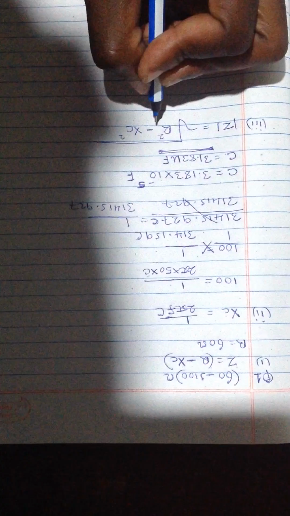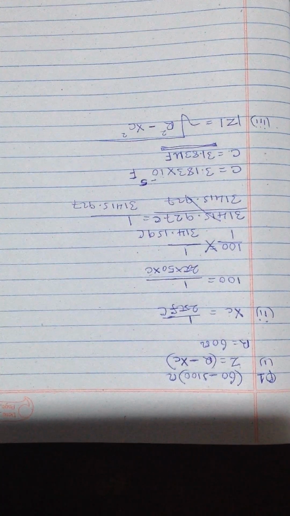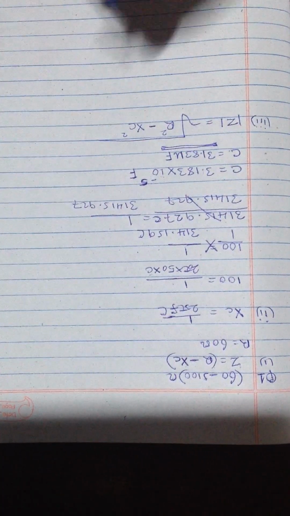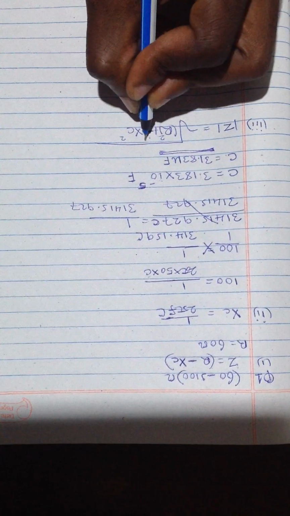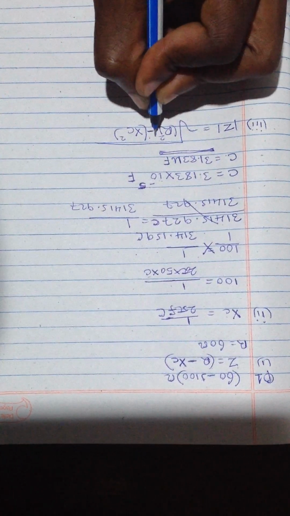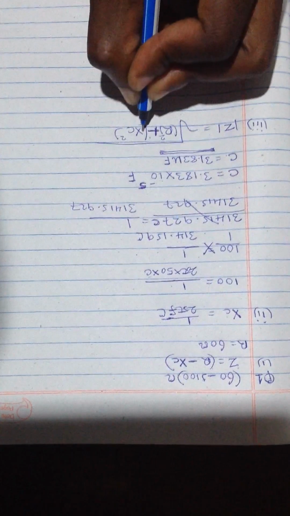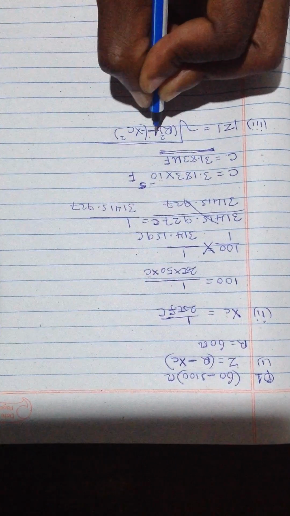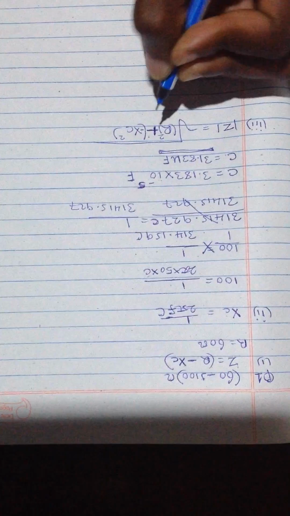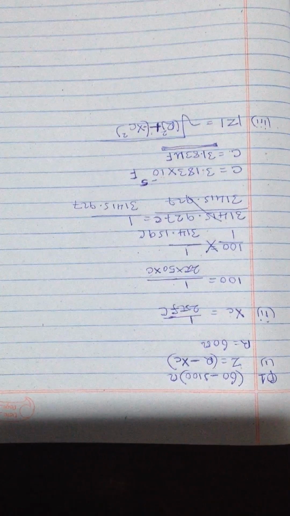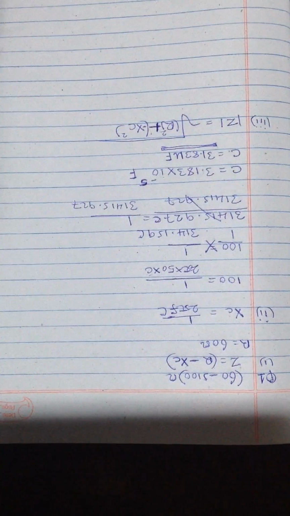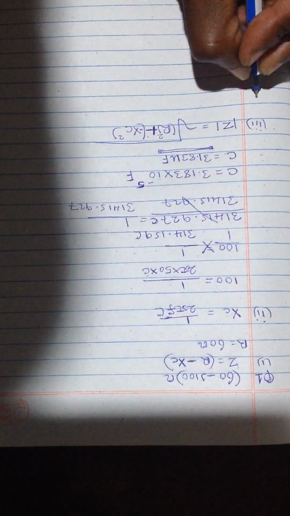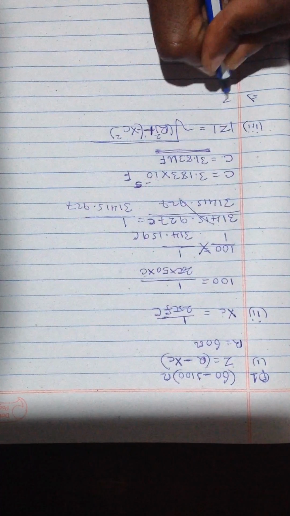Don't forget that this is supposed to be in brackets, and don't forget the negative here. So this is how we deal with the magnitude.